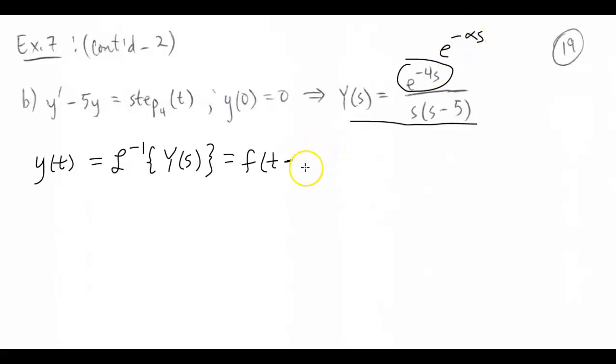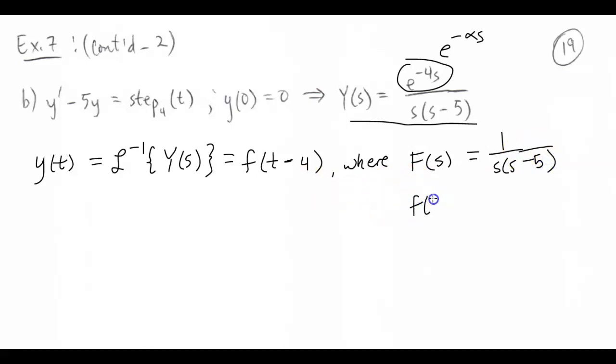So of course, our alpha is just going to be 4. And of course, big F of S, we're just going to call it this. And of course, f of t is going to be the inverse Laplace transform of big F of S. So we're just going to work on this. We know that whatever answer we get there, we're going to have to apply a horizontal shift to that answer, and we'll be pretty much done from there.